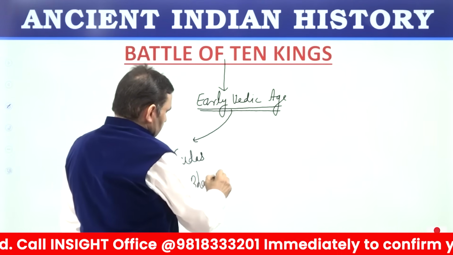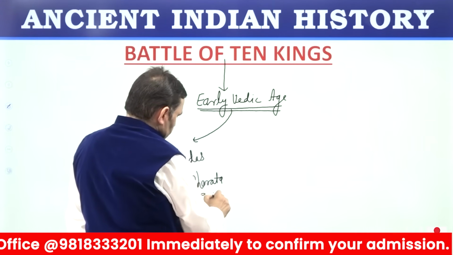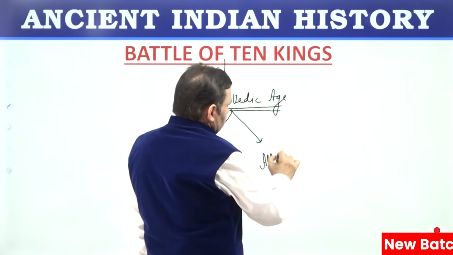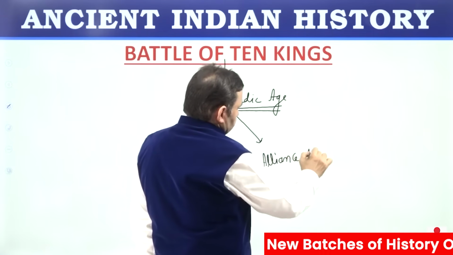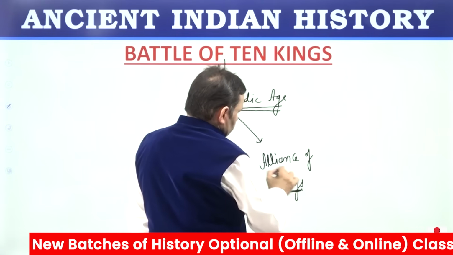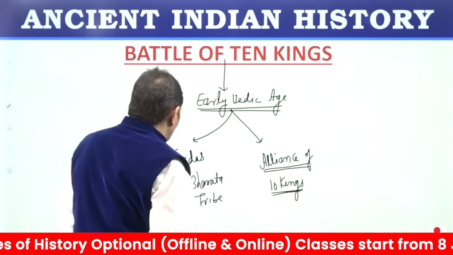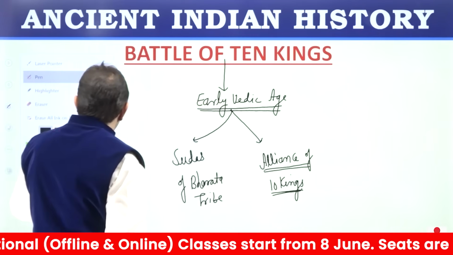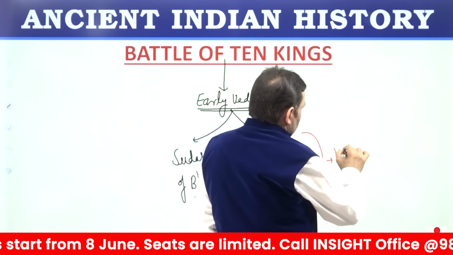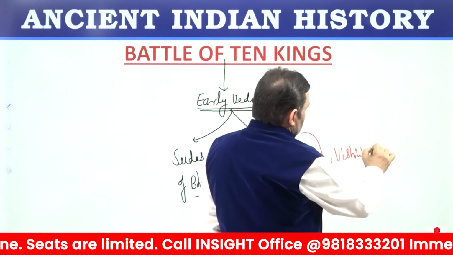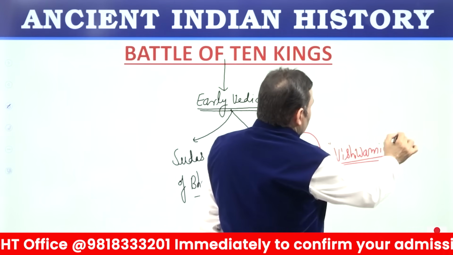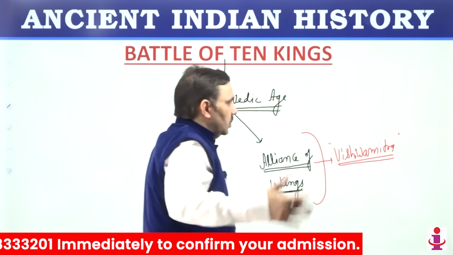On the other side was an alliance of 10 kings. So these 10 kings were together. This alliance of 10 kings was headed by Vishwamitra, the same Rishi, same sage who composed Gayatri Mantra, Om Bhur Bhuva Swah.